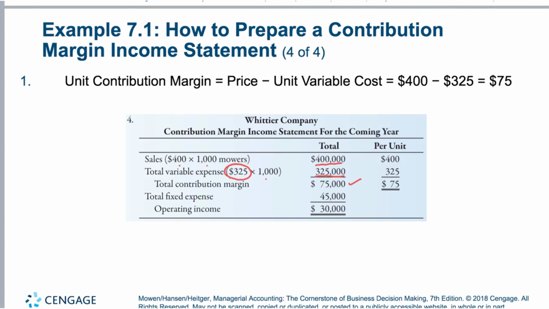Subtract out our fixed expenses of $45,000, and that gives us operating income of $30,000. Also, we have a per unit contribution margin: 400 minus 325 gives us a per unit contribution margin of $75. And so that is how you develop a contribution margin income statement.